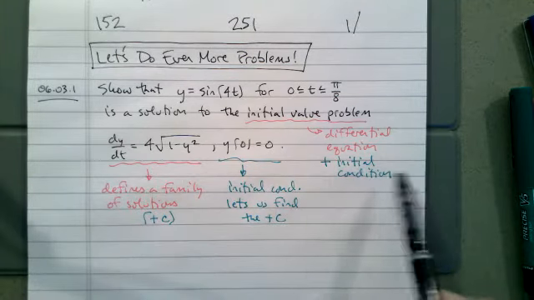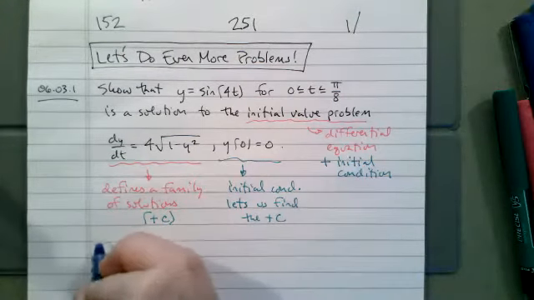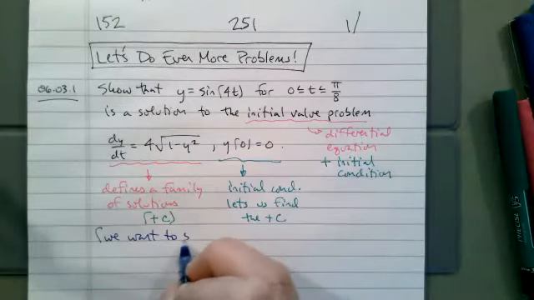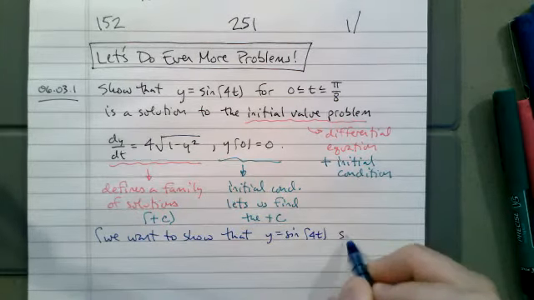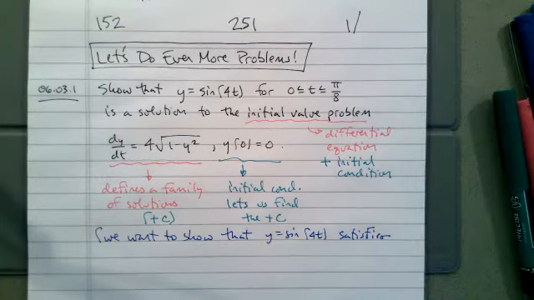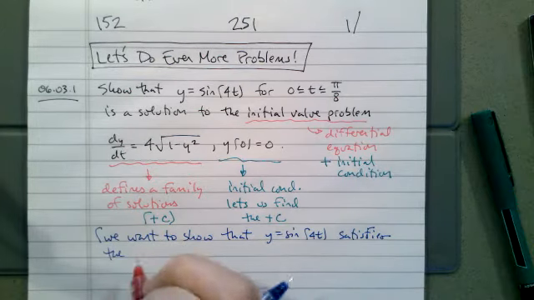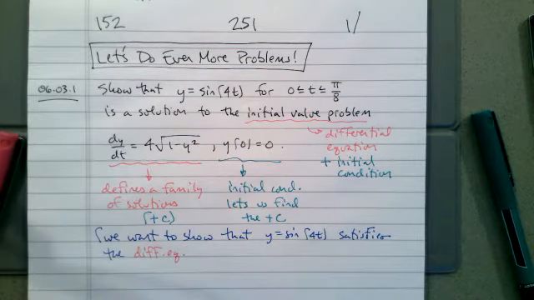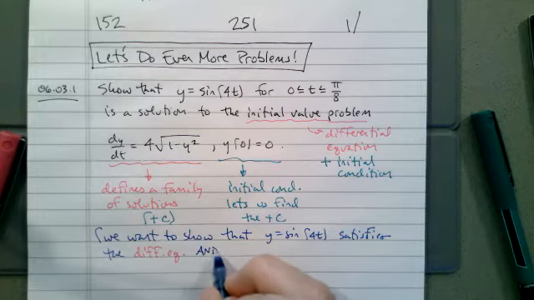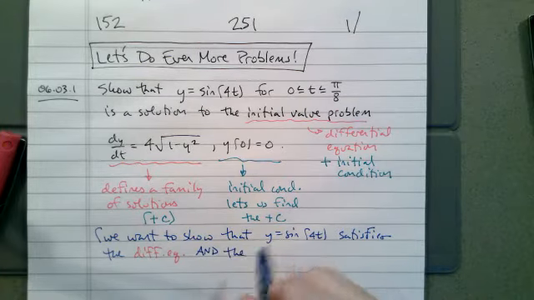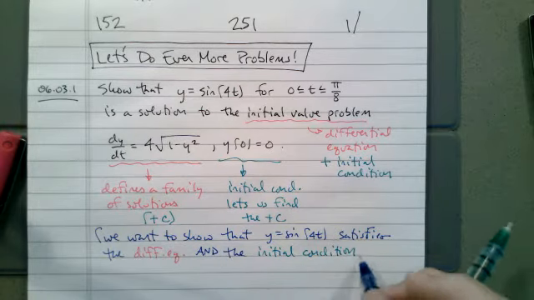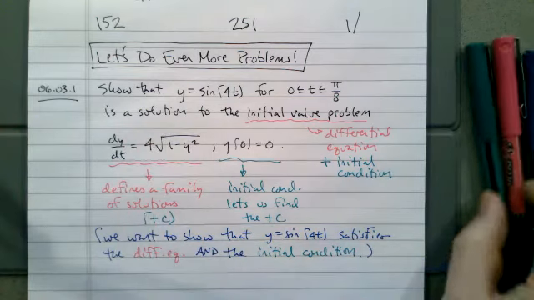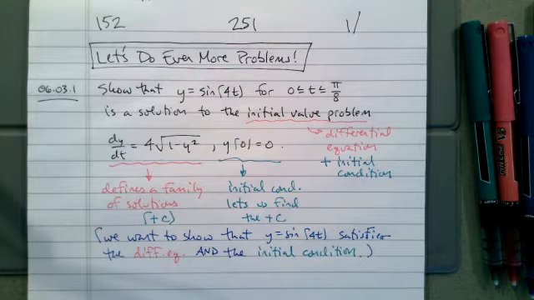So we want to show that y equals sine of 4t satisfies the differential equation, the diff EQ if we want to be cool when we talk about it, and the initial condition.